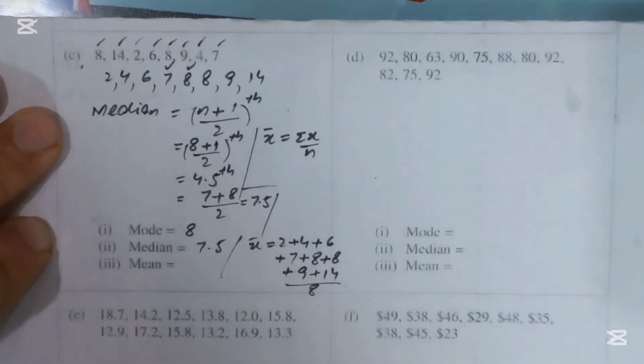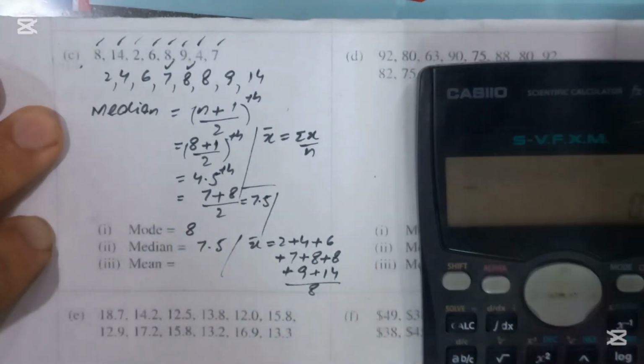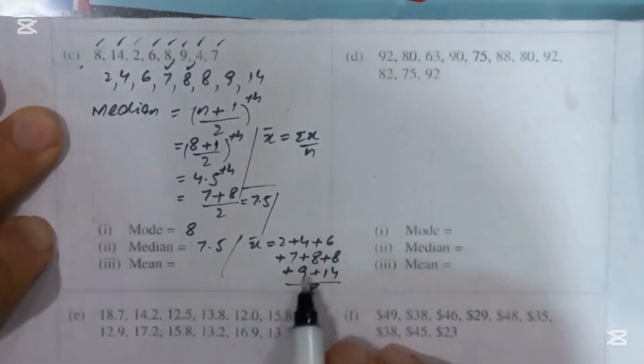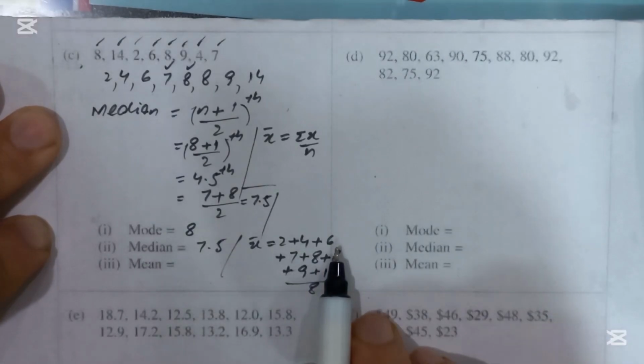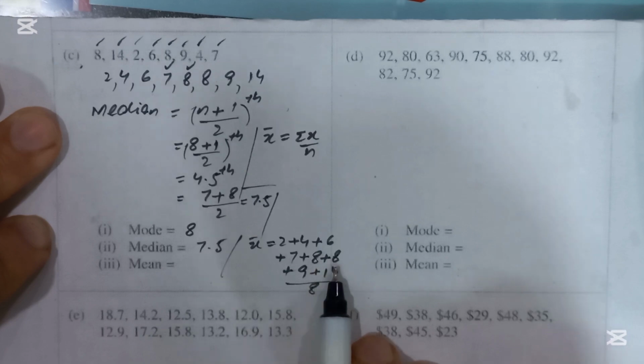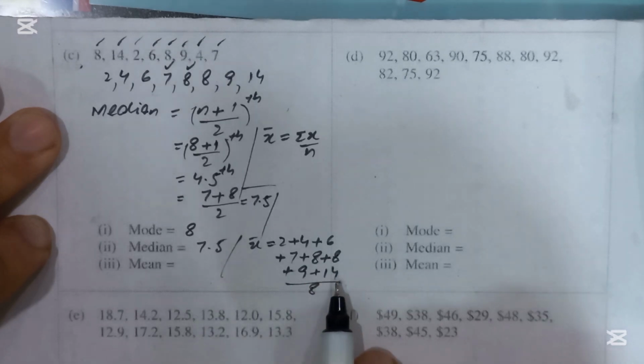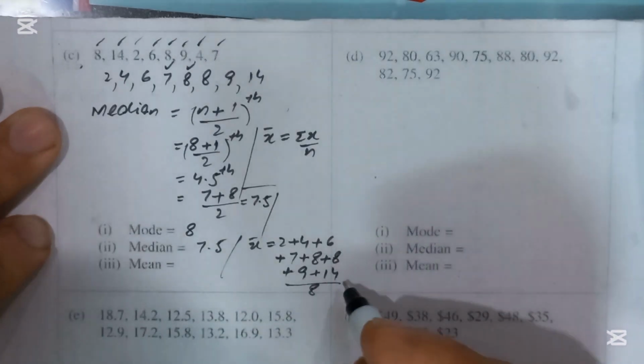And now we will sum the values. That is 2 plus 4 is 6, 6 plus 6 is 12, 12 plus 7 is 19, plus 8 is 27, plus 8 is 35, plus 9 is 44, plus 14 is 58.